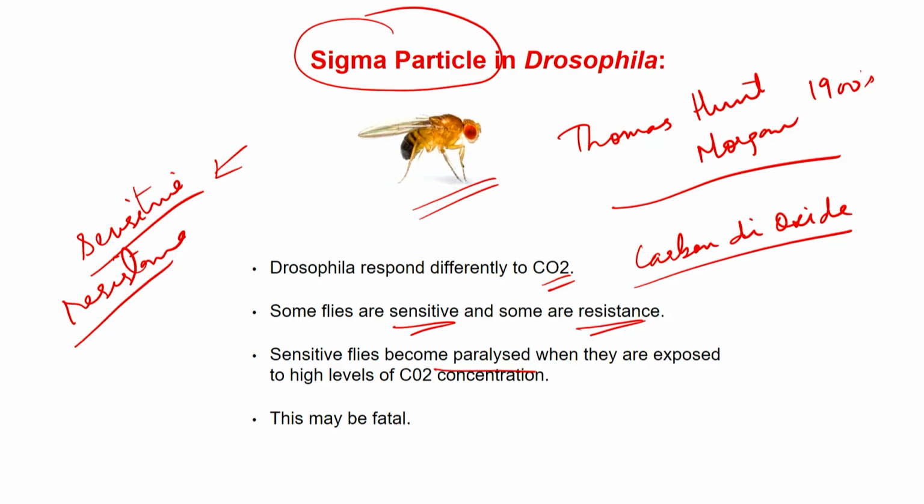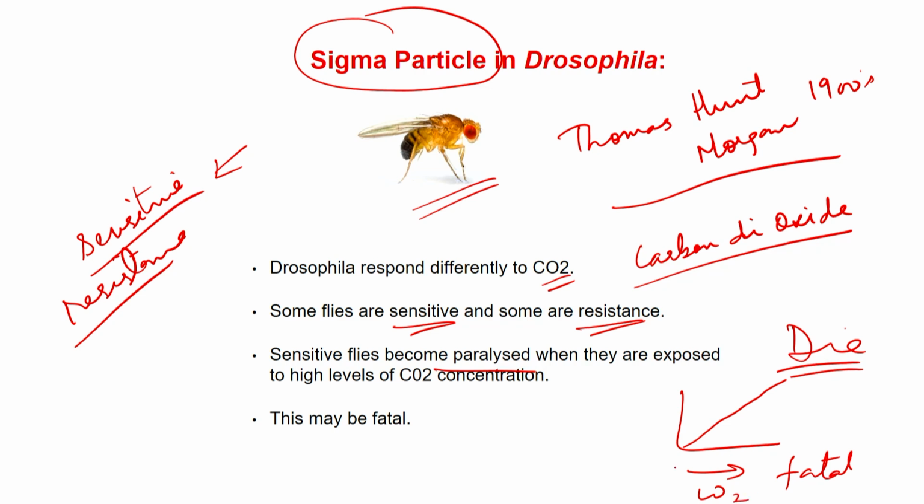So if we keep increasing the carbon dioxide level slowly, then the sensitive ones become paralyzed because the neurons are now not functional. The neurons are not able to tolerate the increasing amount of carbon dioxide, and if the levels of carbon dioxide go on increasing, then finally it becomes fatal. Fatal means they die. These Drosophila die when the CO2 concentration goes on increasing.